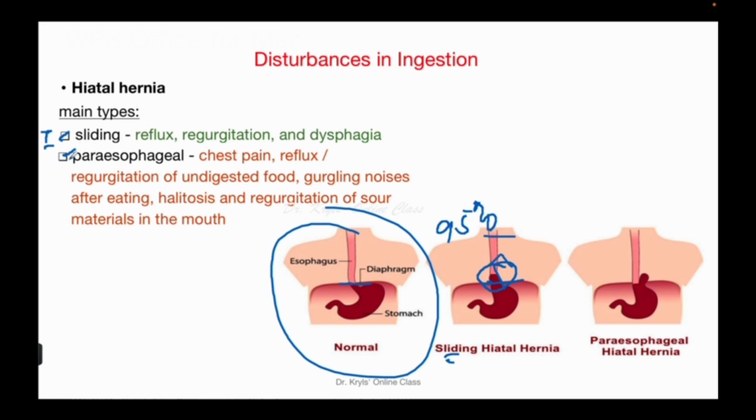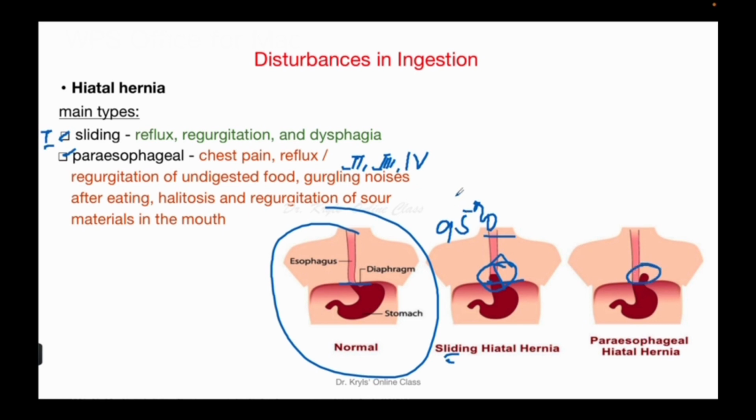And for our second type, paraesophageal hernias are further classified as type 2, type 3, and type 4, depending on the extent of the herniation.